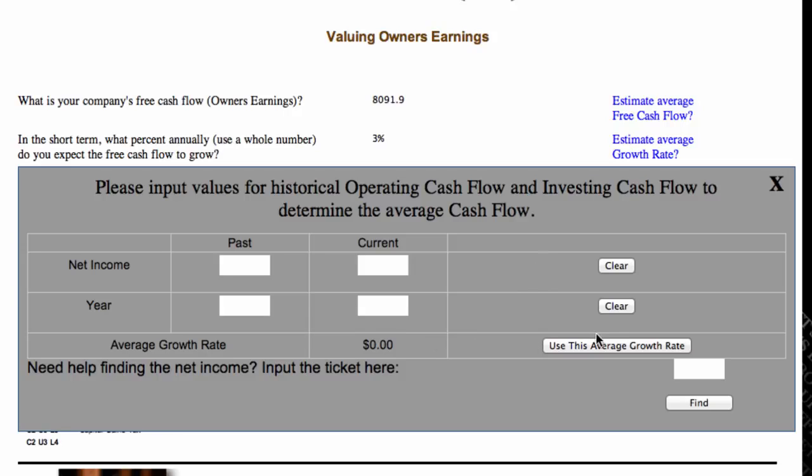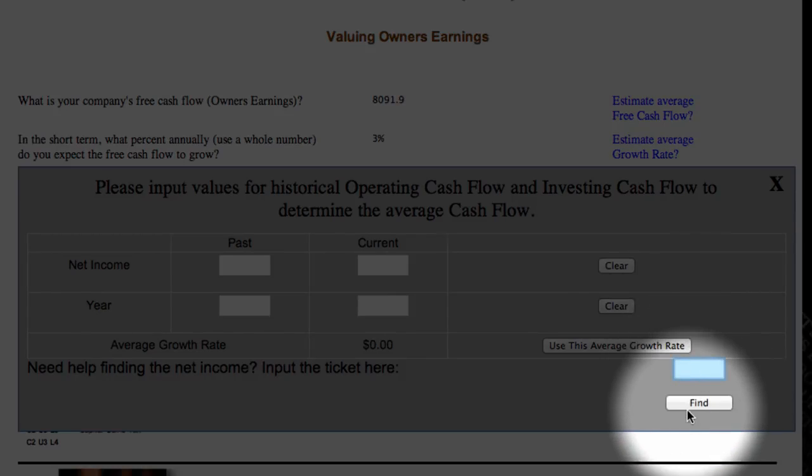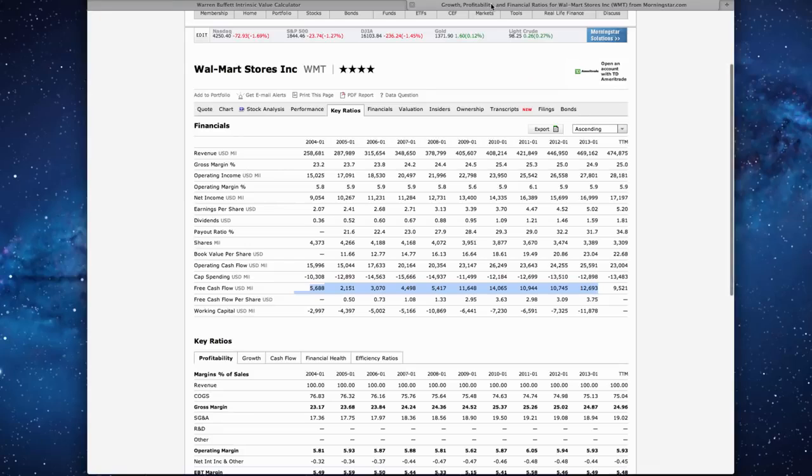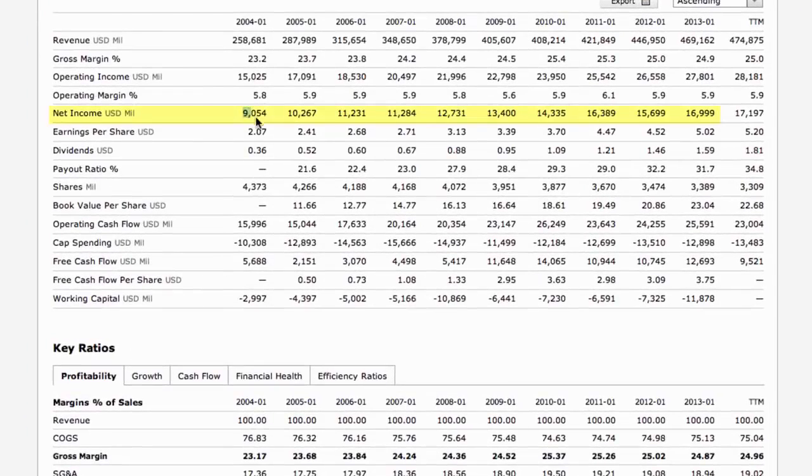So if you want to look up that number again, you could do it two different ways. You can input the ticker again here and click find, and then it'll bring up the Morningstar page again for you. Or you can just go back to the page that you already have pulled up. And we can take a look at, let's say, the net income. So when we look at Walmart's net income, it was $9 billion 10 years ago.